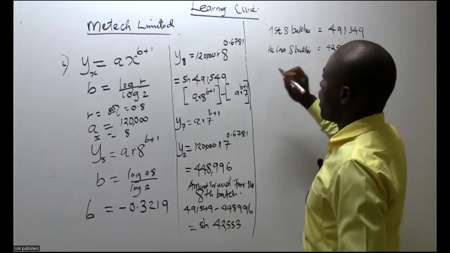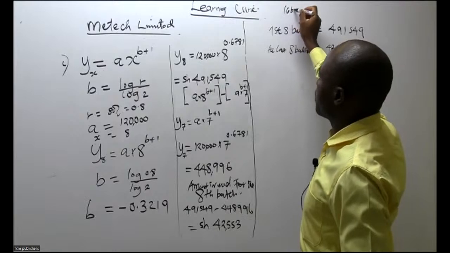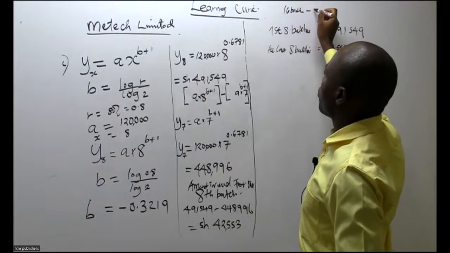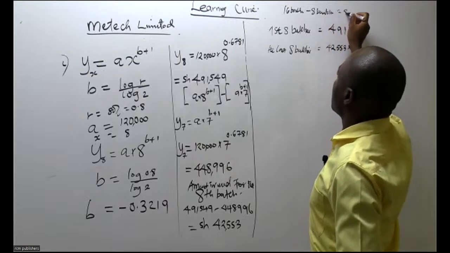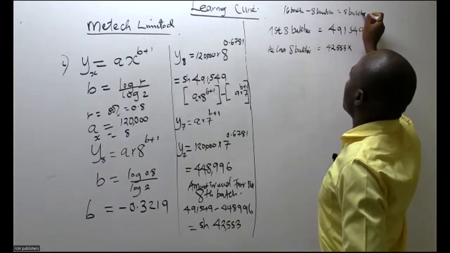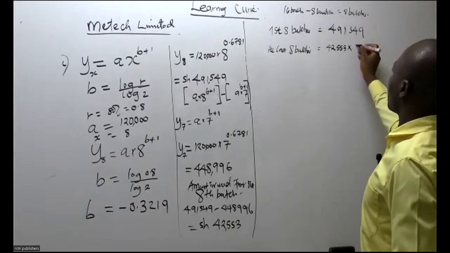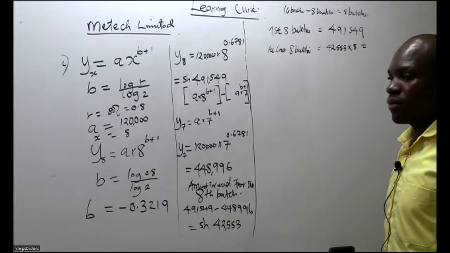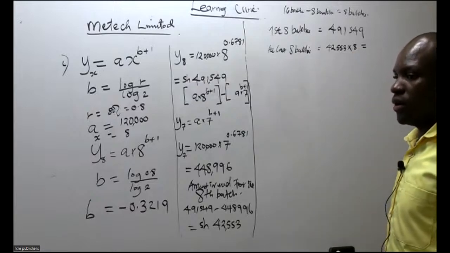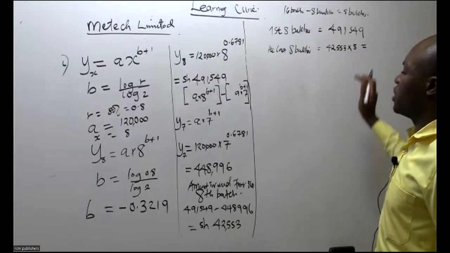We multiply by how many batches are remaining. The life of the project has got 16 batches. We've produced 8 batches. So we have a balance of 8 batches. So let's go ahead and get the total cost you are going to incur to produce the last 8 batches. How much will you incur?